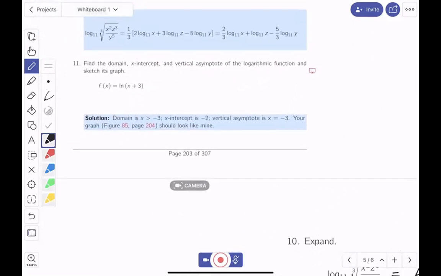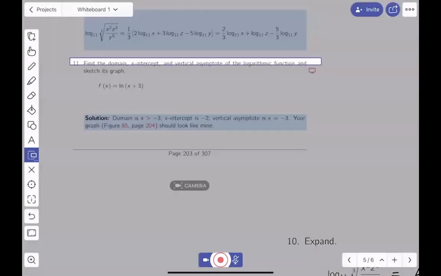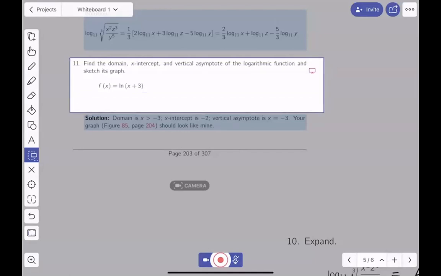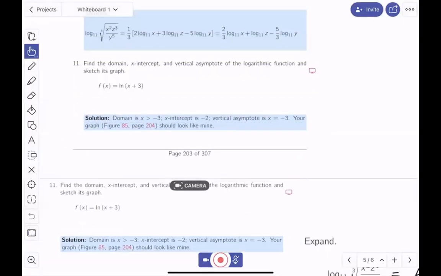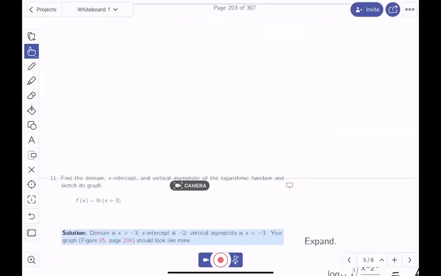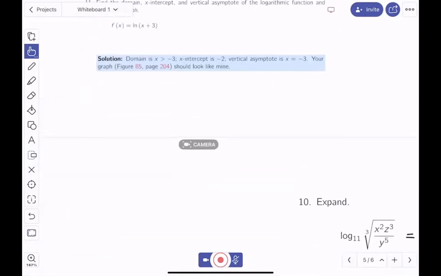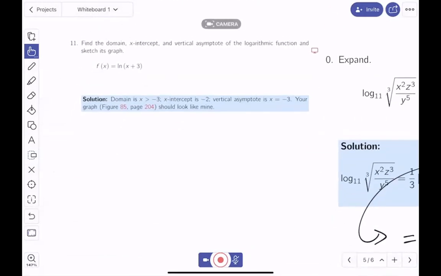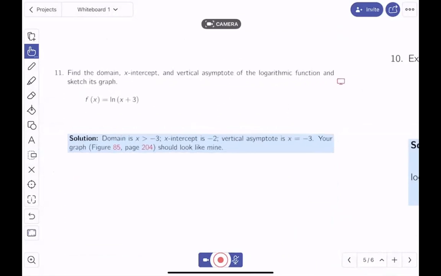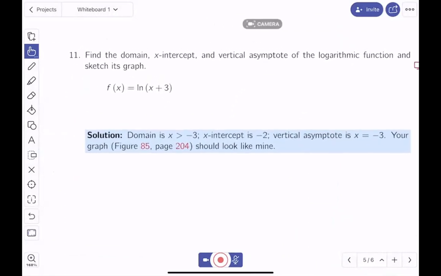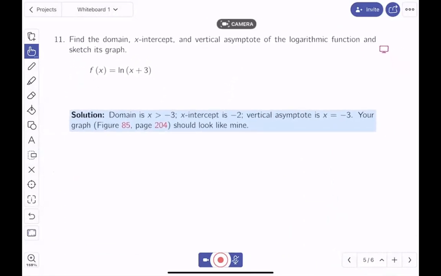And this one, basically they're asking me to graph it. When someone's asking to graph something, they're not expecting a great graph from this.